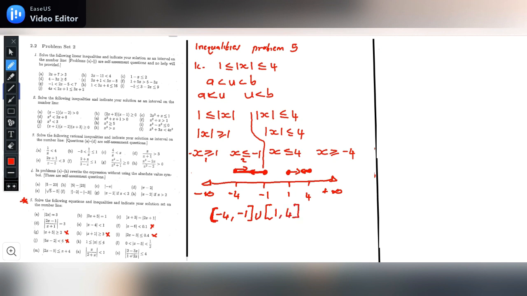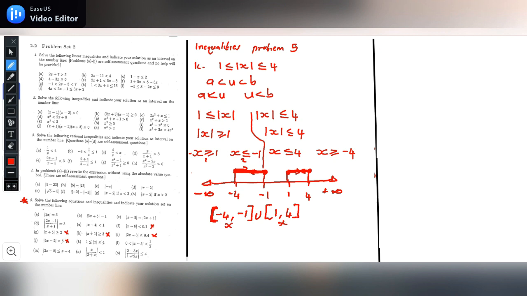Remember that these two are going to clash here, so meaning it's 1 and 4, and they are closed intervals. That's why we use this format. And also for negative 4 and negative 1, they are going to clash again. Can you guys see it?